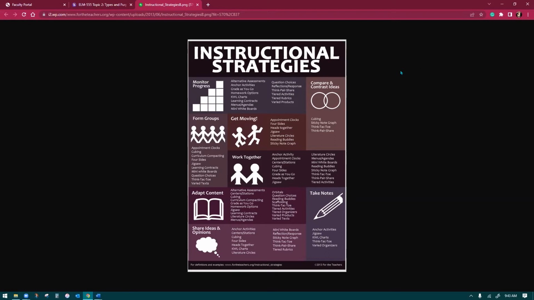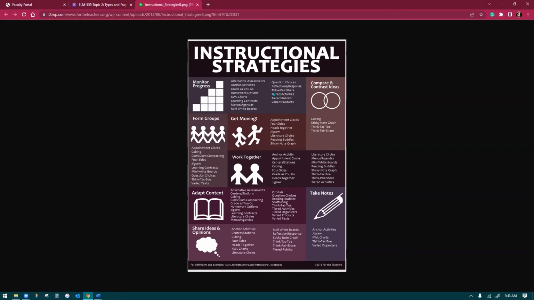So on this little graphic that I found, it has a few different examples for you. For example, monitoring progress is an instructional strategy. And here's some different ways in which you can monitor student progress. For example, doing learning contracts, on whiteboards, giving questions, having students think, pair, share are all examples of monitoring progress, which is an instructional strategy.